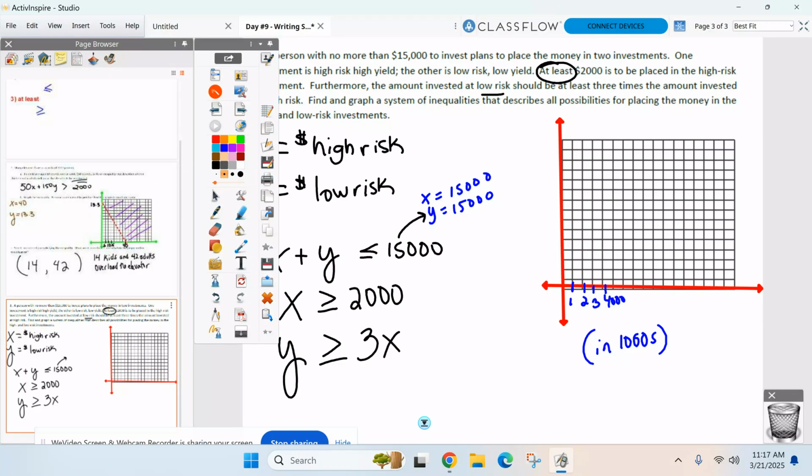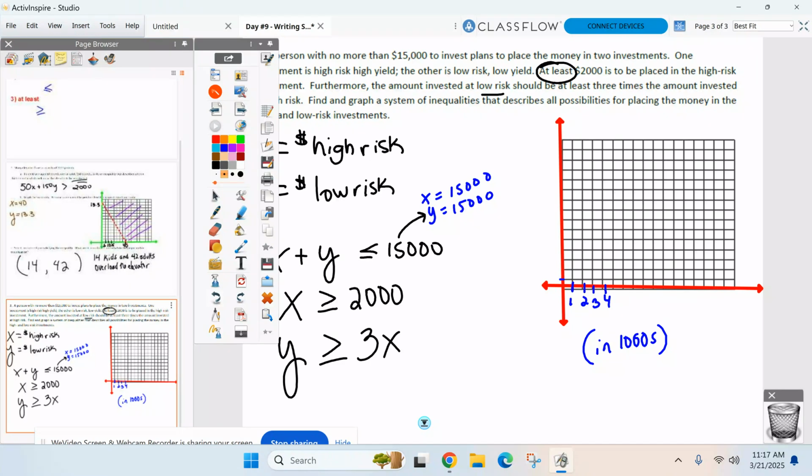In our calculator, can we put like 15 too, and then X has to be greater than or equal to 2? Say that again, Will. So can we just put in our calculator X plus Y less than or equal to 15, and then do X is greater than or equal to 2? Yeah, that's fine. And I just need the in thousands part.